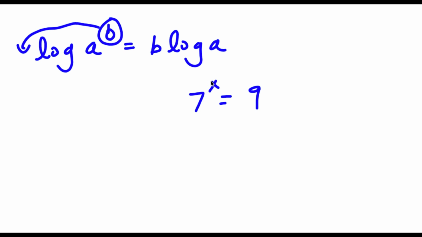Well, right now it's really hard to solve for x because x is an exponent and we know that x is going to be a decimal because 7 to the power of 1 is equal to 7, and 7 to the power of 2 is equal to 49. And 9 is somewhere in between 7 and 49, meaning x is somewhere in between 1 and 2. However, it's really hard to find the value of that by just having x be an exponent.